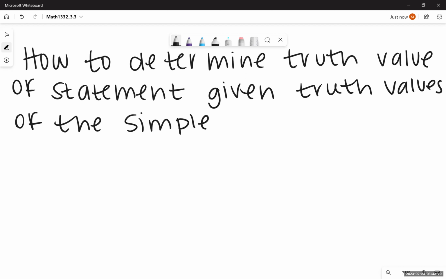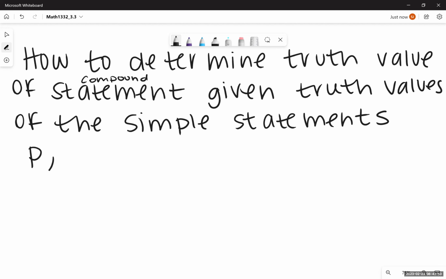If you wanted to be concise, it would be how to determine the truth value of compound statement right here, given the truth values of the simple statements. Okay, sorry about that. And then just for clarification of what it means, we're going to go ahead and say the simple statements P, Q, and R.